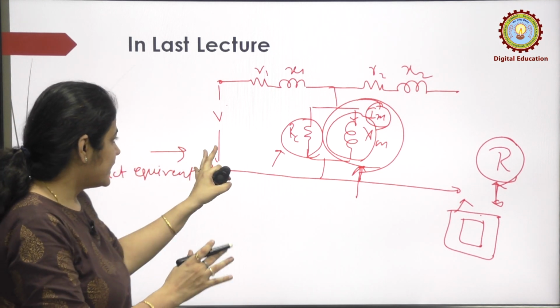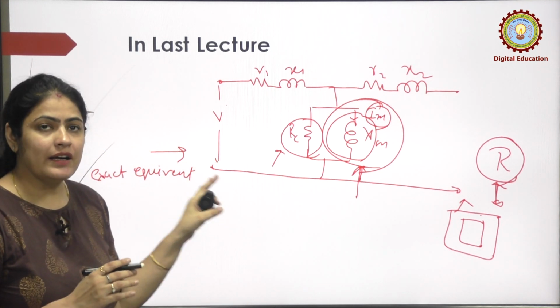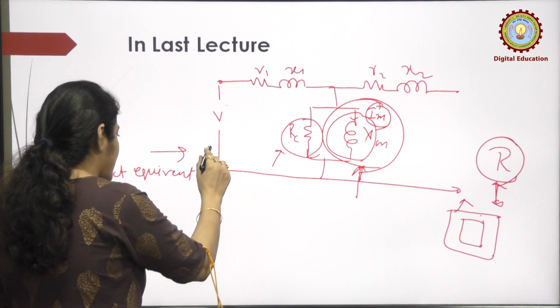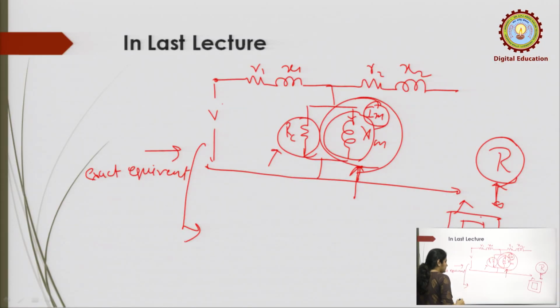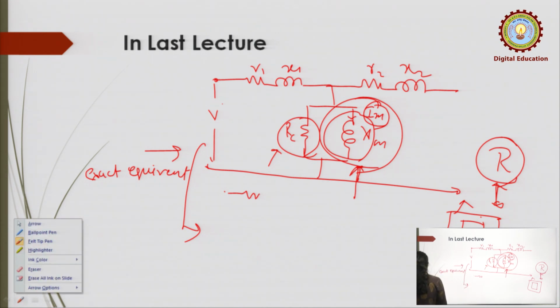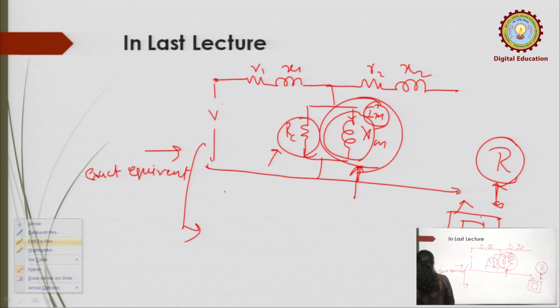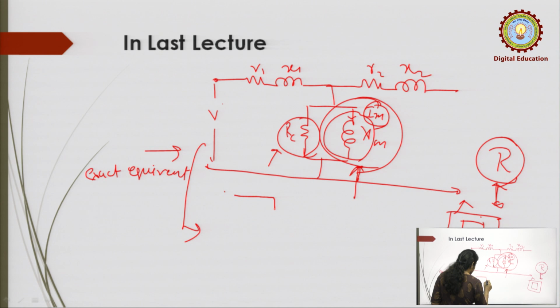This is the exact equivalent circuit that we already discussed in the last lecture, and after that we approximated that equivalent circuit by shifting the no load branch to simplify the circuit.